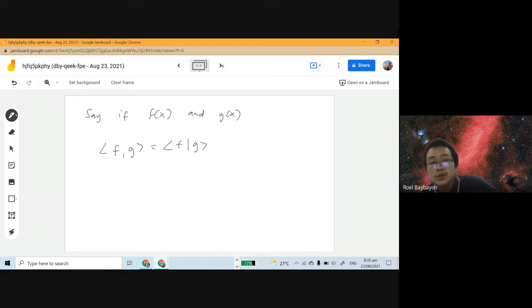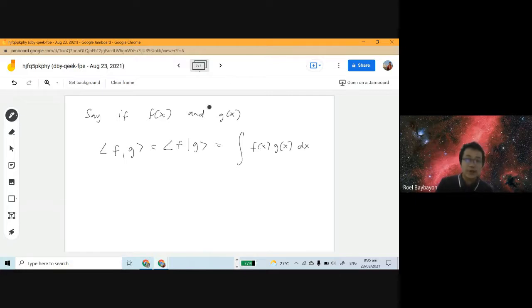This is equal to, take note, this is a function of x, so you can write this in terms of an integral as f of x, g of x, dx. If the two functions are vectors, then you can solve this in terms of a dot product.